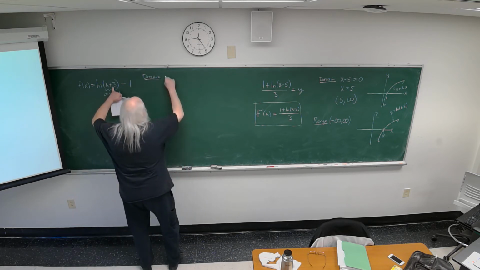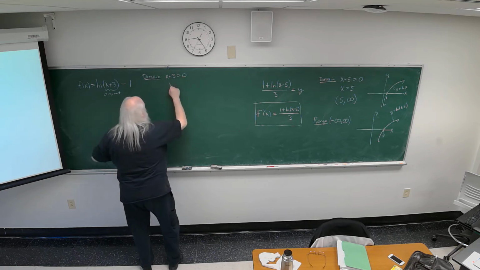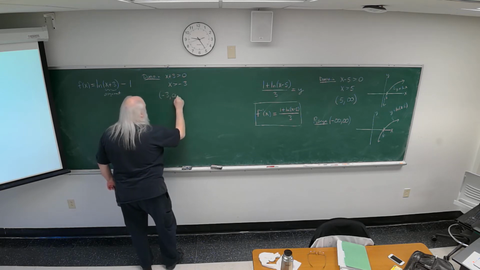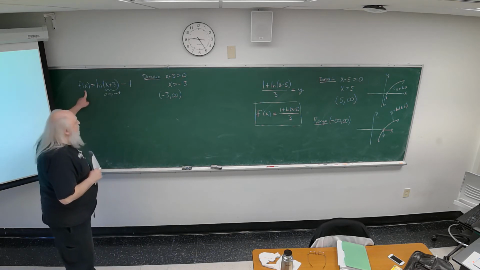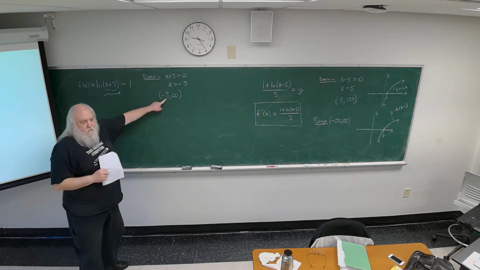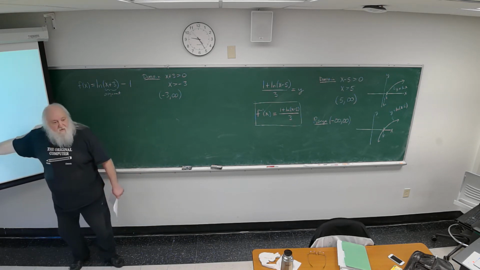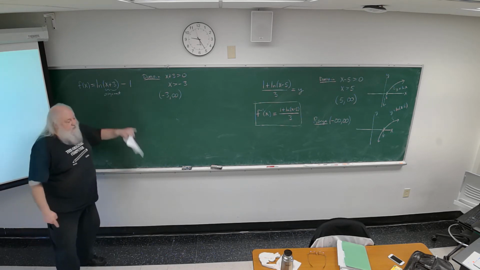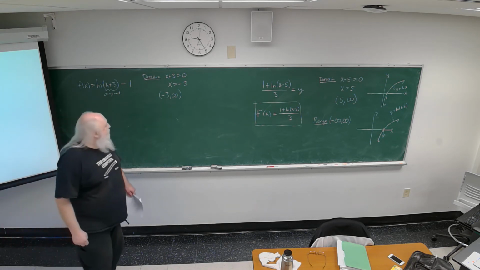Set the argument going into the natural log function greater than 0, and you get x is greater than minus 3. So in interval notation, the domain of f of x is all real numbers greater than minus 3, but that's also the range of the inverse function. We haven't even found it yet. The domain of f of x is the range of f inverse of x.